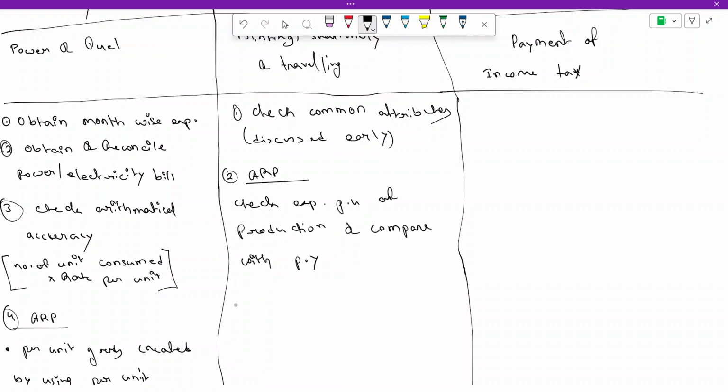In case of significant variation, inquire with management.